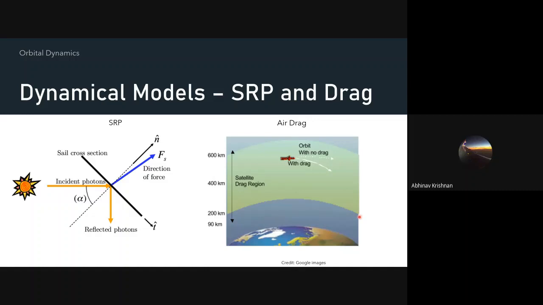Having said that, let's look at the solar radiation pressure and drag. These are fairly simple in concept, but extremely difficult to model and implement in real life, because you need to know exactly how the satellite is modeled. Certain elements, like the dish antennas on top of the satellites, have a particular profile, a cross section.